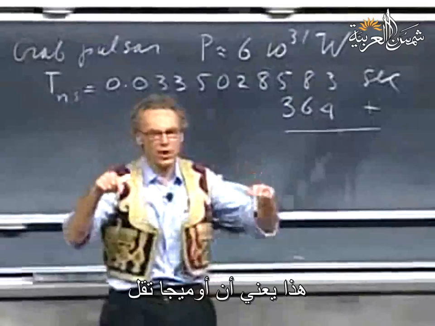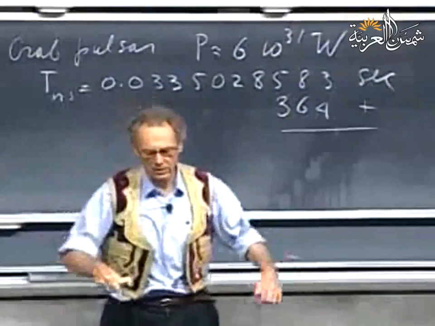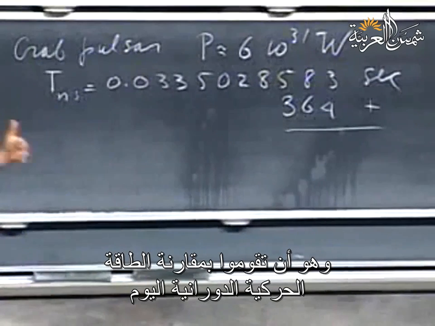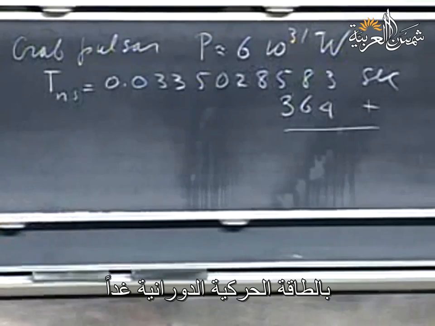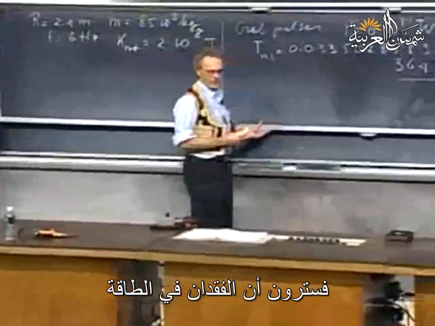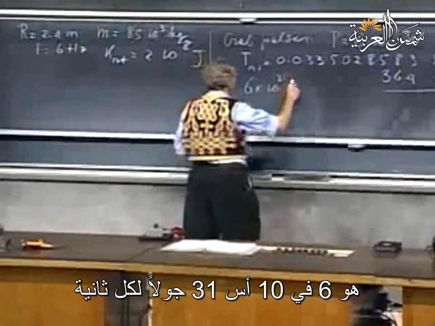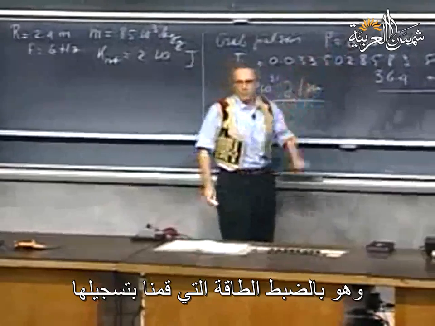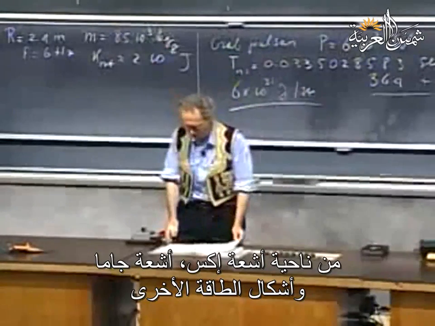That means omega is going down. That means 1/2 I omega squared is going down. And when you do your homework, which you should be able to do, to compare the rotational kinetic energy today with the rotational kinetic energy tomorrow, you will see that the loss of energy is 6 times 10 to the 31 joules per second, which is exactly the power that we record in terms of X-rays, gamma rays, and other forms of energy.